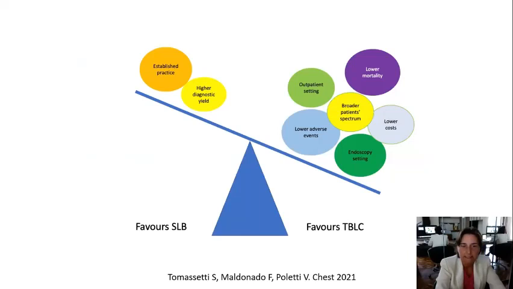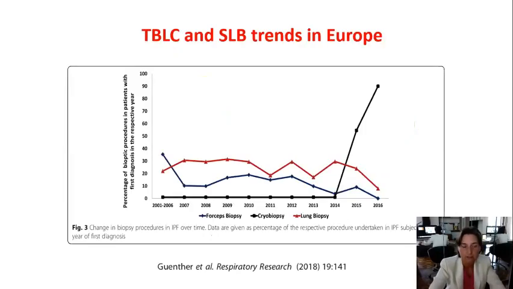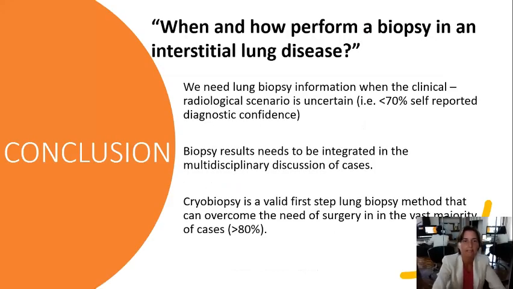This is a technique that has lower costs and lower adverse events, that can be done in outpatient settings and in a broader patient spectrum compared to surgery. And these are some of the reasons why cryobiopsy is constantly increasing and surgery is significantly declining.